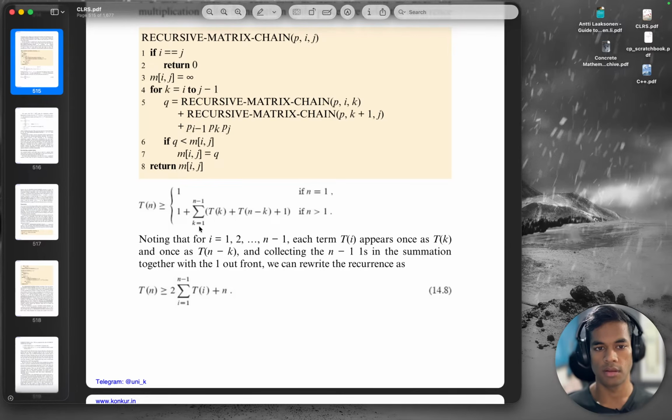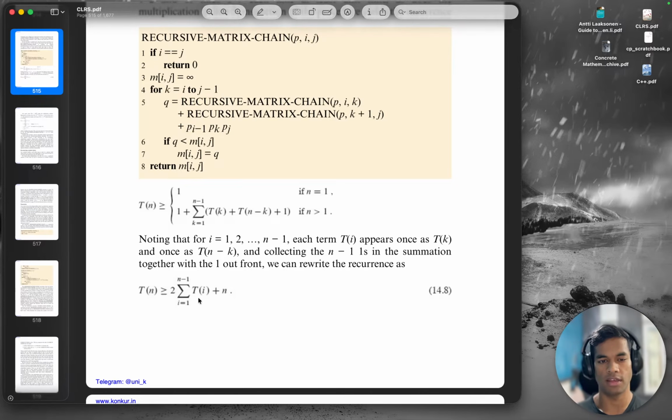T k, T k i is changing. So this is not exactly the same thing, but more like sort of the same thing.